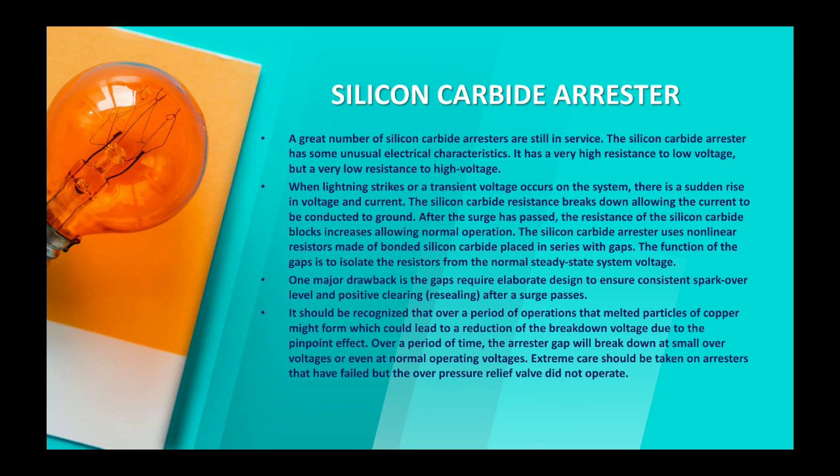Over a period of time, the arrestor gap will break down at a small over voltage or even at normal operating voltage. Extreme care should be taken on arrestors that have failed but where the overpressure relief valve did not operate.